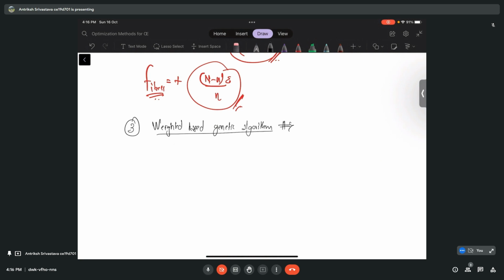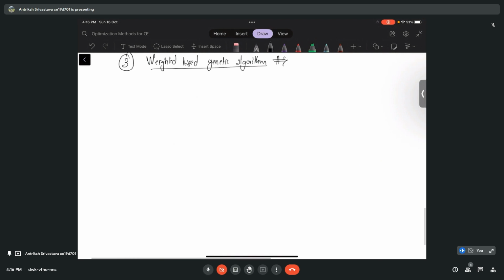So if you remember your vector evaluated genetic algorithm, you saw that if you had f1 and f2, you will get some points here and some points here, but all these points are missing in your Pareto optimal front.